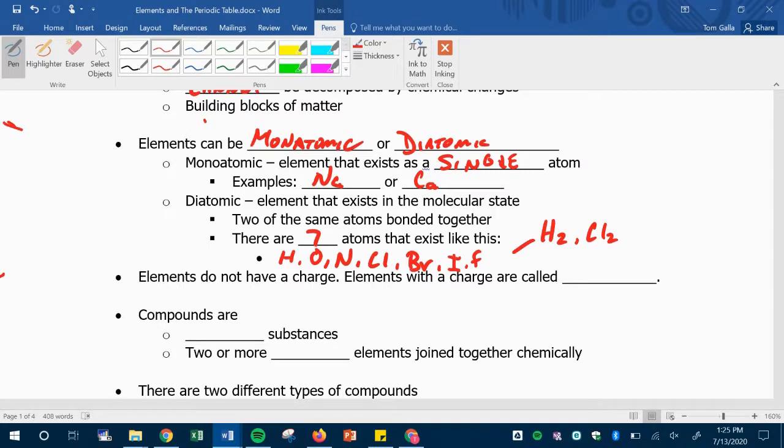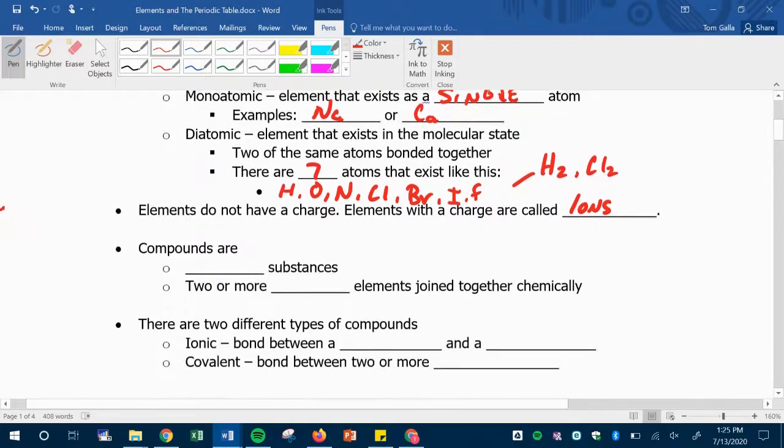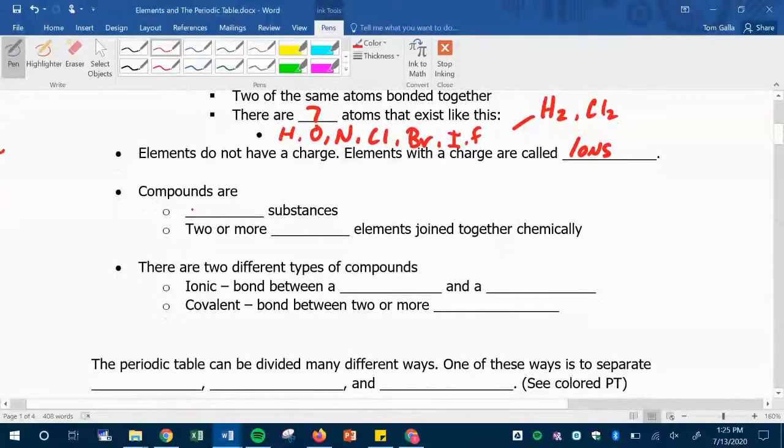Now, elements themselves don't have a charge, but elements that do have a charge are what we call ions, which we'll talk about in a few minutes. Now let's talk about something else known as compounds. Compounds are also considered pure substances.